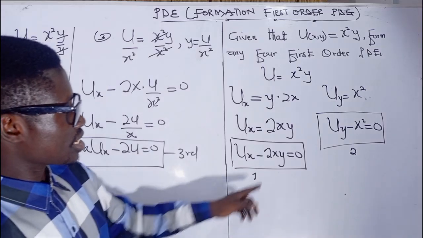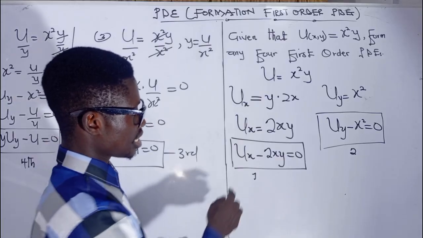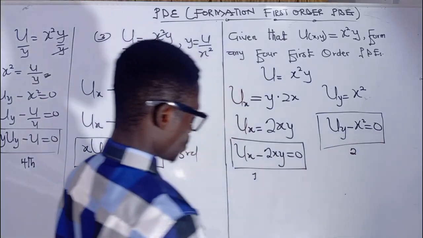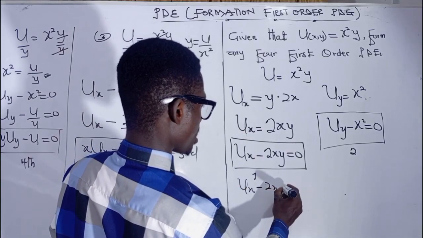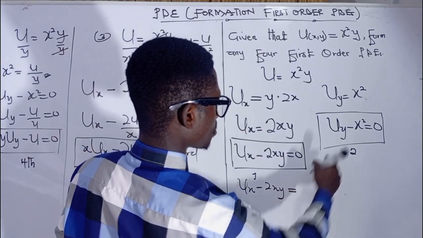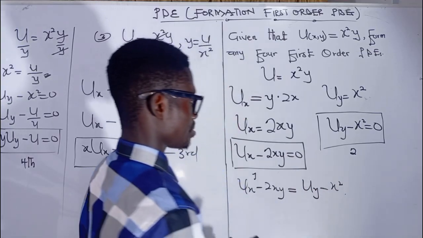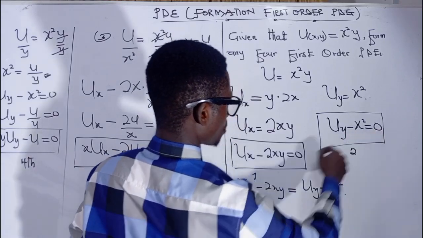Now from this first one and then second one, we can equate them because we are saying that the whole of this is equal to 0 and the whole of this is equal to 0. So when we equate them, we can say that 2xy is equal to what? u_y - s², because we are saying that the whole of this is equal to 0. This is also equal to 0. So we have 0, 0.